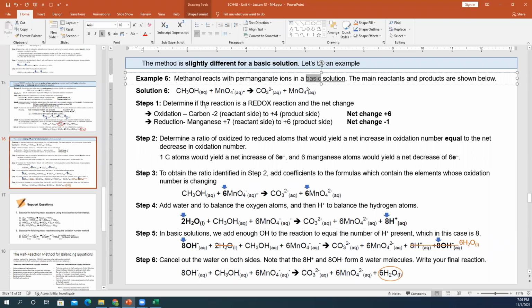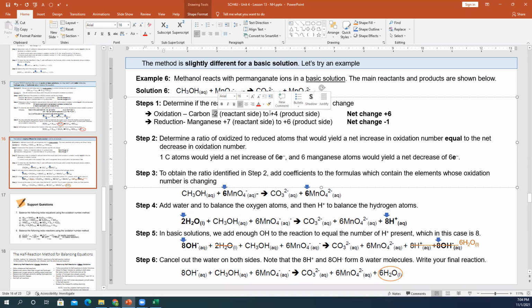So we use our methods for determining oxidation numbers. We first start out with the oxidation numbers for the ones we know, we write it out, and then we figure out oxidation numbers for the ones that we don't know, such as the carbon and the manganese. By doing that process, we see that carbon on the reactant side has an oxidation number of -2.